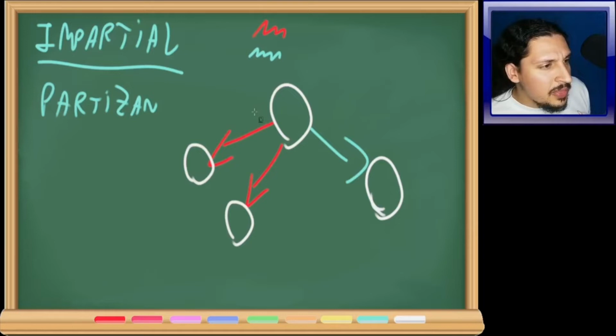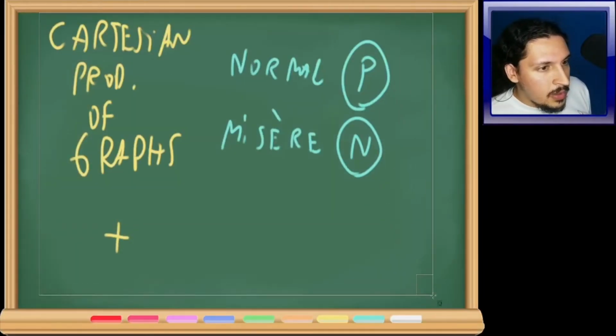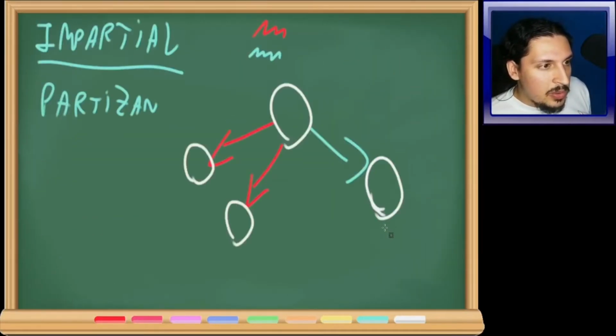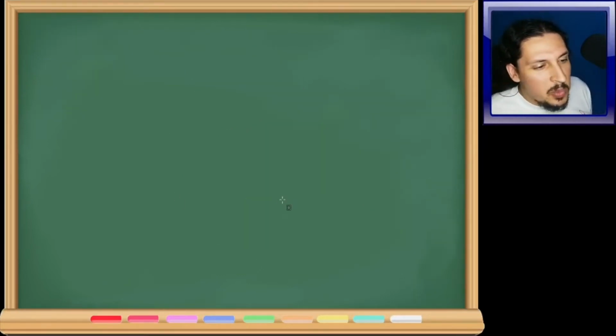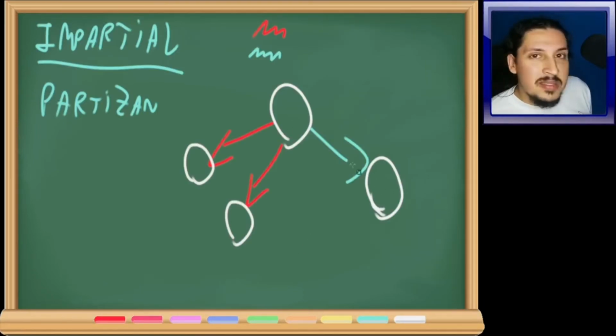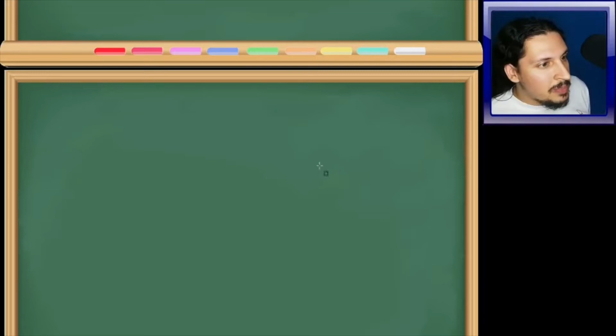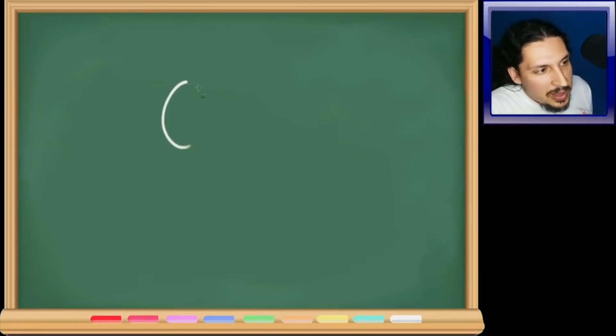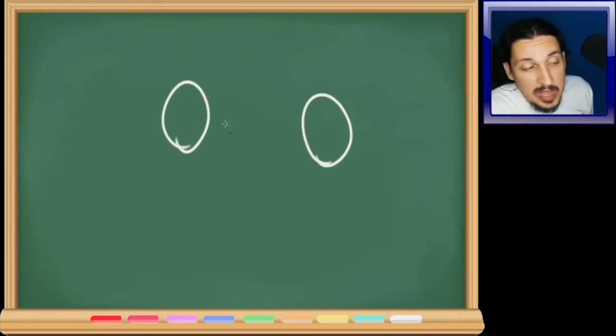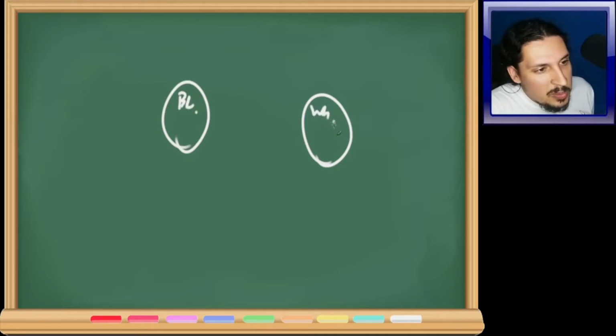You might think that this is a moot point, because actually you can change a partisan game to an impartial game without changing the essence of the game, because you could duplicate every node in order to model in the state of a node also whose turn it is. So basically, instead of having a single node, you would have two nodes for the same game position, but one says, okay, that position with black to move, and the other says that position with white to move, so to speak.